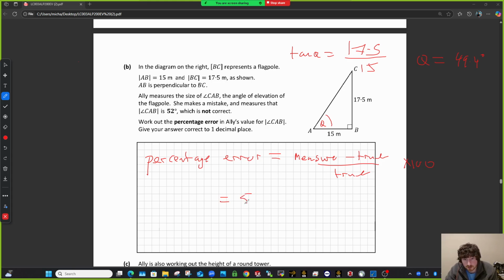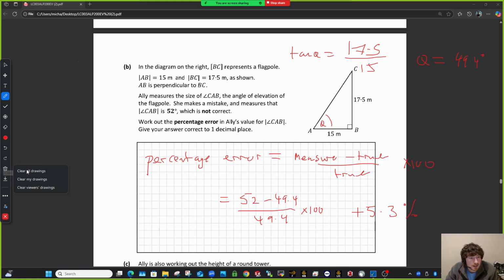So then the percentage error is 52 minus 49.4 over 49.4 multiplied by 100. And then that gives a percentage error of plus. No need to put the plus in, but it's a good habit because sometimes percentage errors work out as negative. So there's an error of plus 5.3%. I think I got 5.26, and then we were told to round it to 1 decimal place.